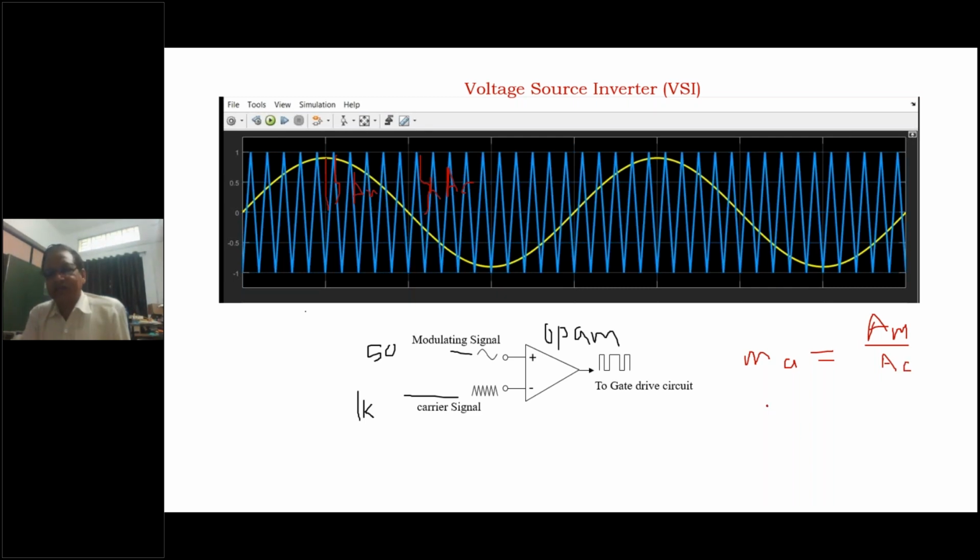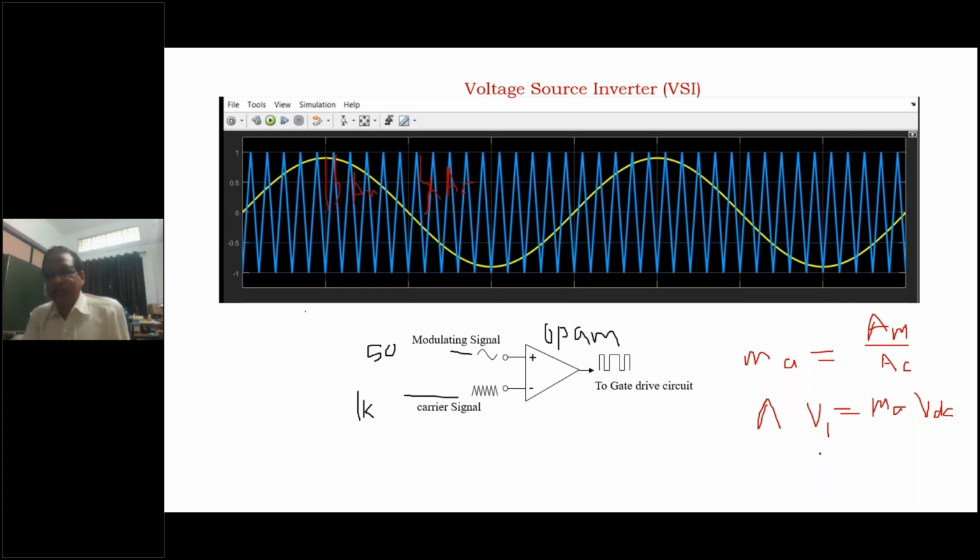And the magnitude of the fundamental component in the output, V1 amplitude, not the RMS value, is equal to MA multiplied by VDC.